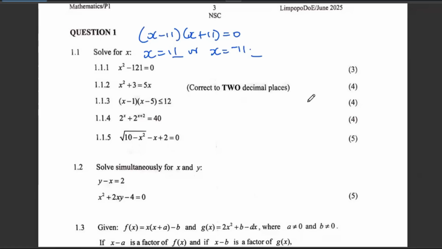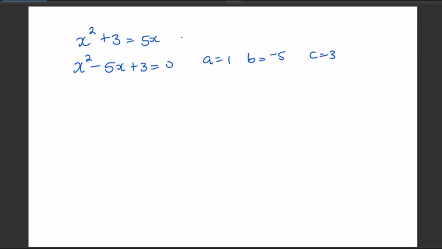And then 1.1.2, x squared plus 3 is equal to 5x, to 2 decimal places. First things first, we need to create a standard equation. That's going to be x squared minus 5x plus 3 equals 0. So from this, we know that a is 1, b is negative 5, and c is 3.